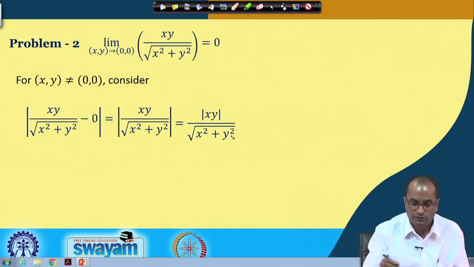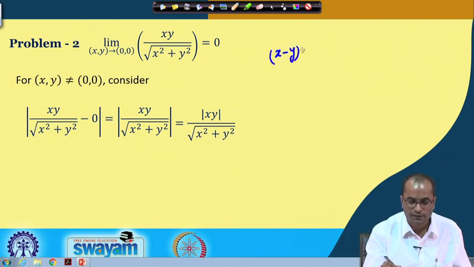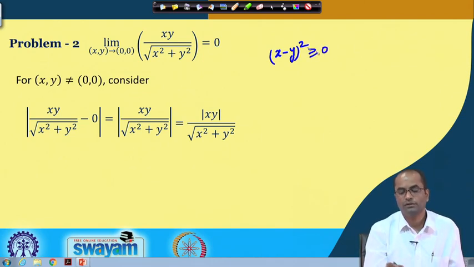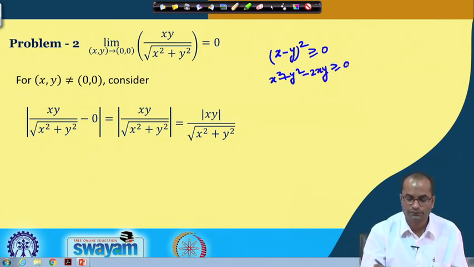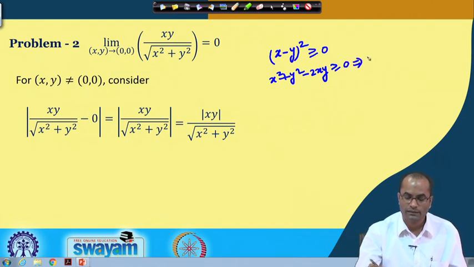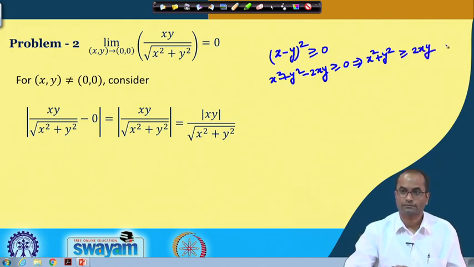So, we will convert this expression into the form of x square plus y square. We notice here that if we take the inequality (x minus y) whole square, which is always greater than or equal to 0 because of the square, then we get x square plus y square minus 2xy greater than or equal to 0, which will imply that x square plus y square is greater than or equal to 2xy.